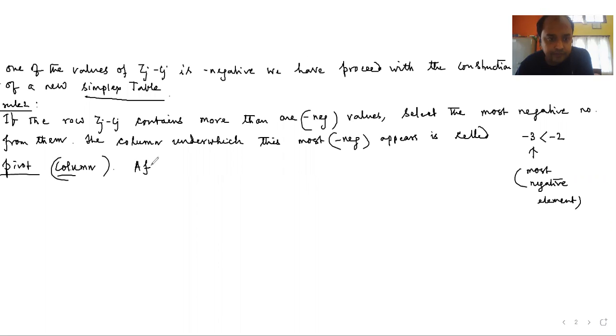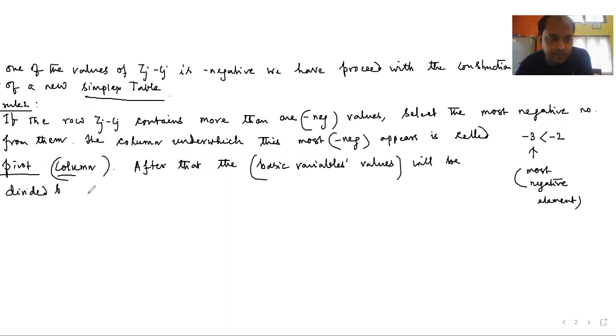After that, the basic variables values will be divided by the corresponding values present in the pivot column.